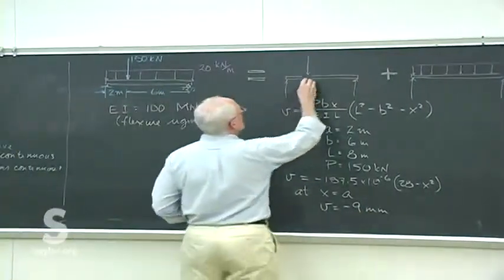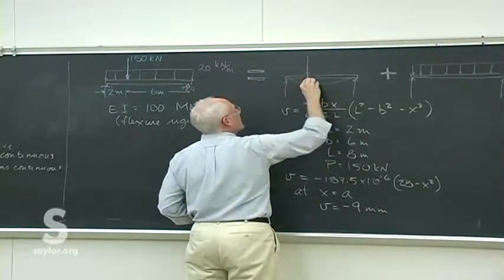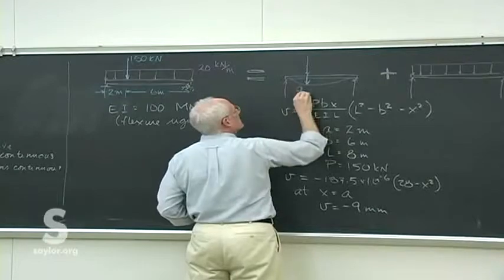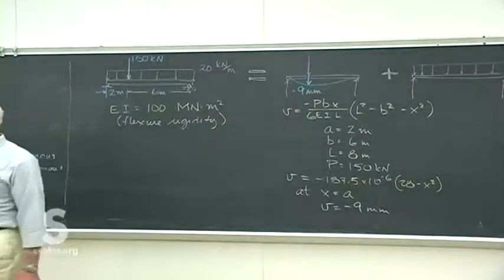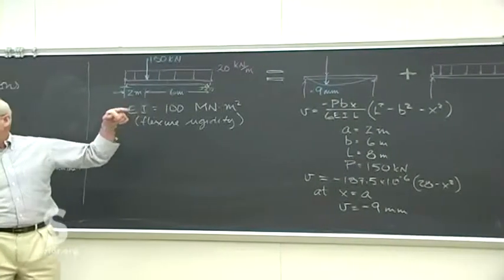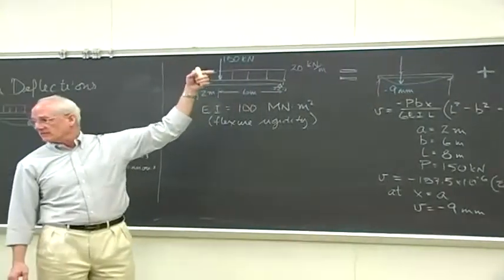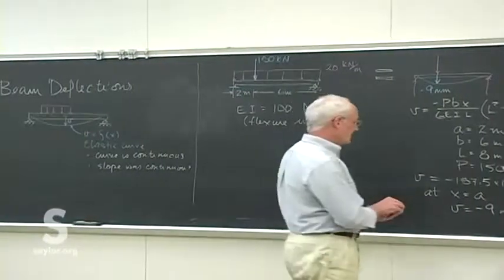So we would know from this particular loading that that distance there is minus 9 millimeters. And if you remember, we do need to be very careful with the minus signs, because there are loadings where the beam could actually go above the neutral position rather than below.